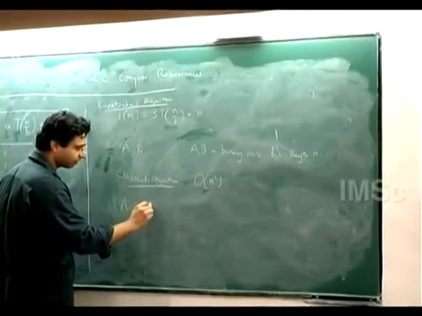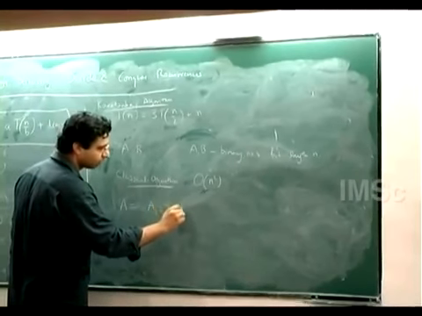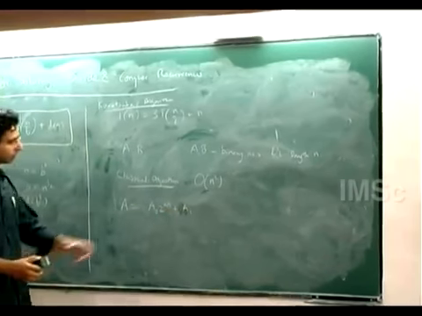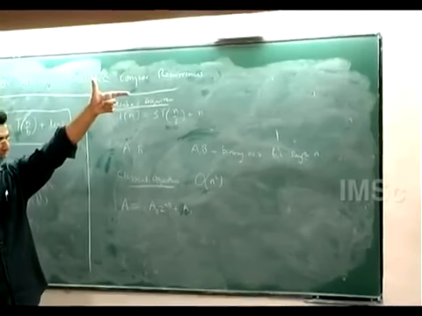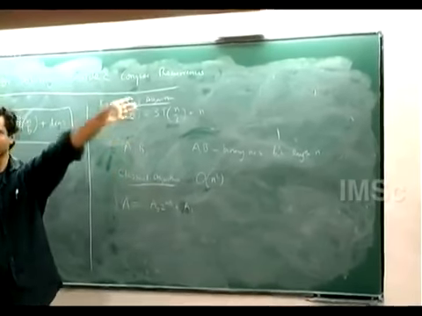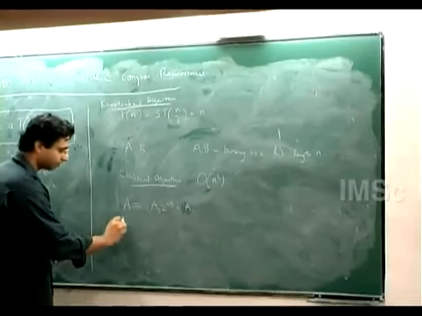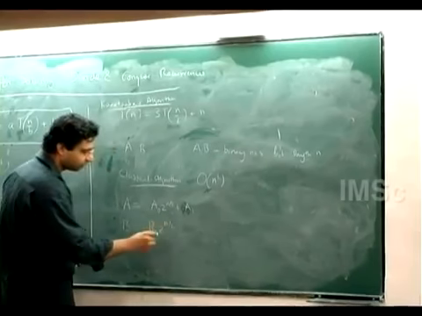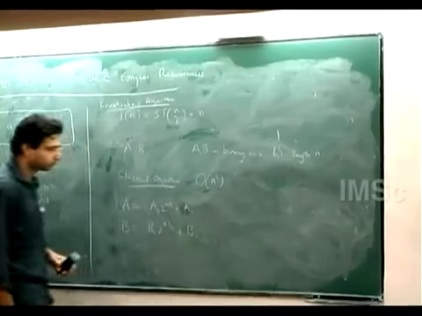The divide and conquer is that I break A into 2 parts, say A0 and A1. A0 is the most significant n by 2 bits, A1 the next n by 2 bits. Similarly we write B as B0, the first n by 2 bits of B, and B1, the remaining n by 2 bits of B.